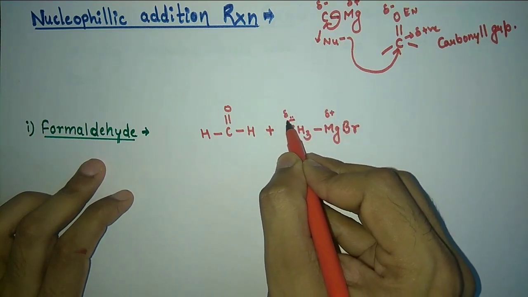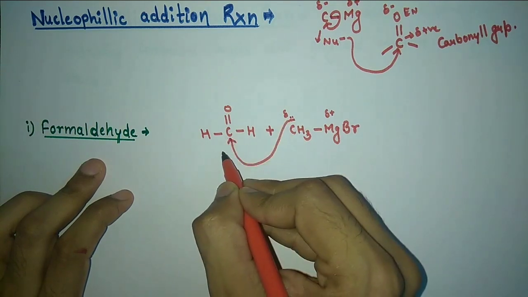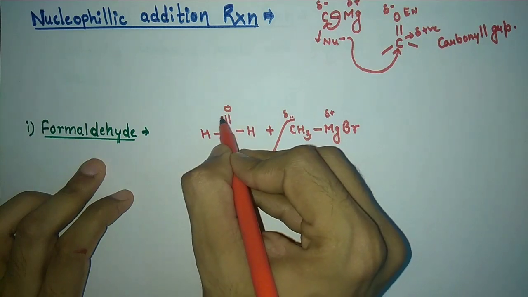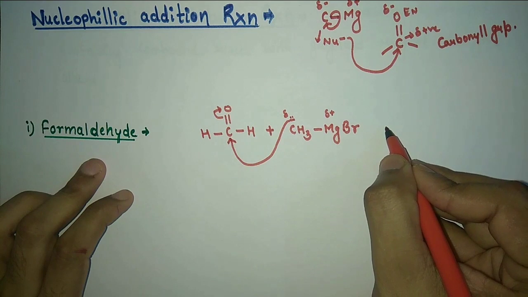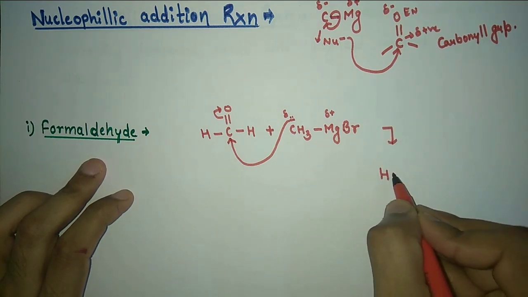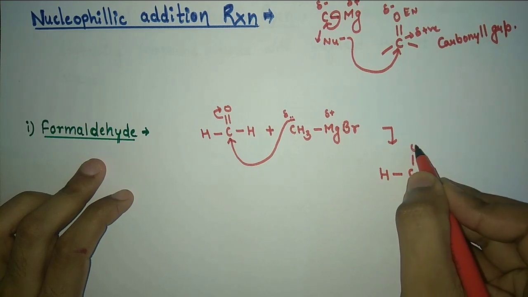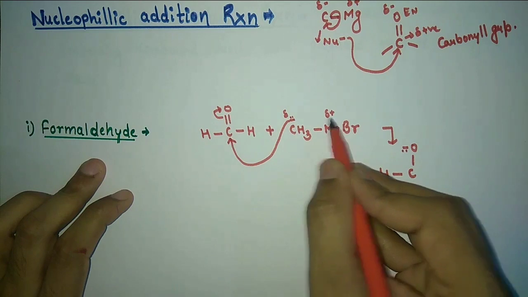This nucleophile attacks the positively charged carbon atom of the carbonyl group and the bond shifts to the oxygen atom. Now here comes the negative charge, and the positive MgBr will migrate to it.